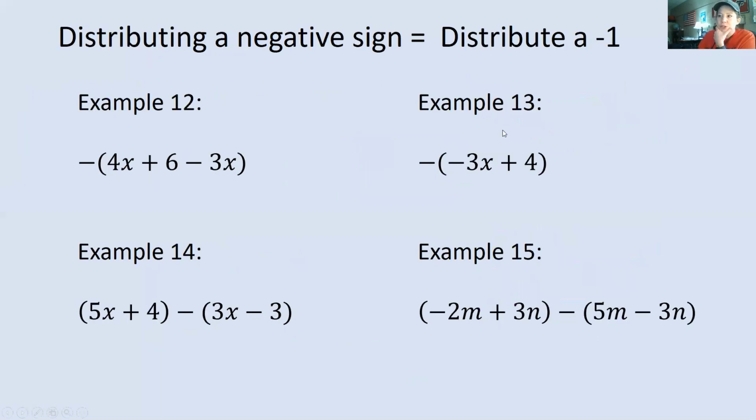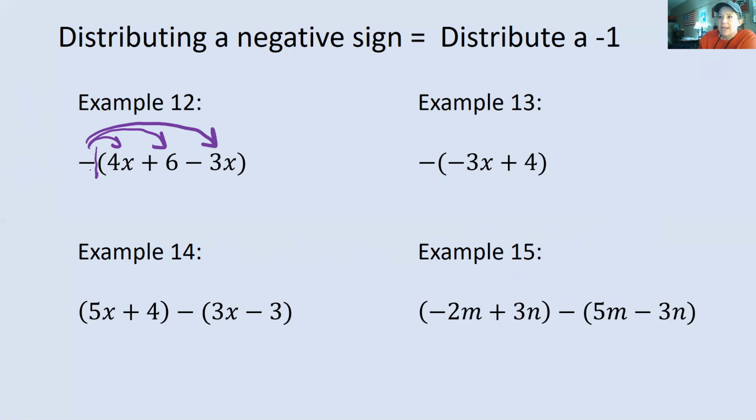All right, now sometimes you'll have a situation where you have a negative sign in front of a set of parentheses. So basically, it's like you have to distribute a -1 to everything in the parentheses. If there's a minus sign in front of the parentheses, you have to distribute the negative sign or -1 to everything.